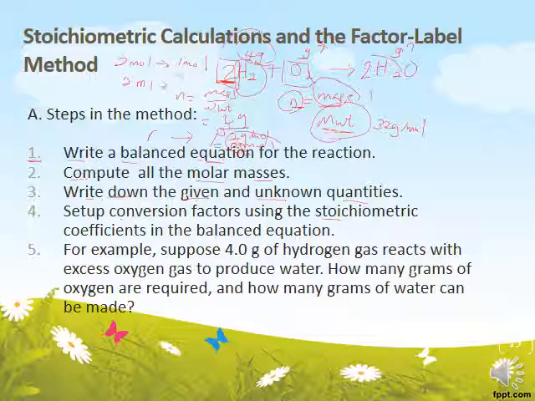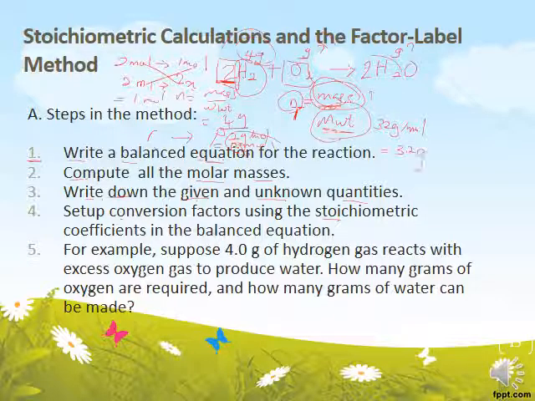So what is the mole of this? Use cross multiplication, so this becomes x. So 2 times 1 divided by 2, we get 1 mole. So here is 1, therefore the mass of oxygen is 32 gram.